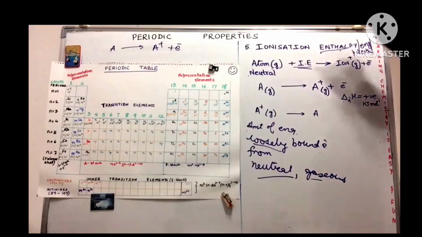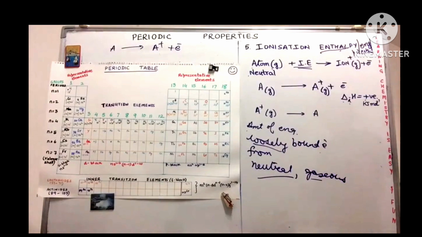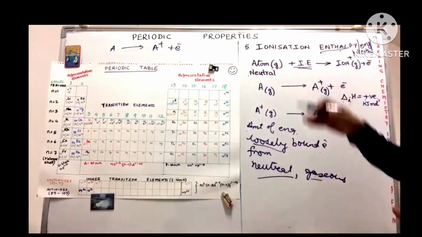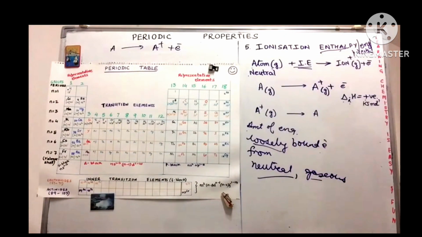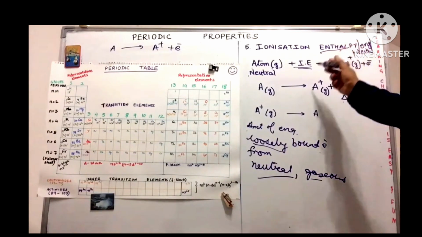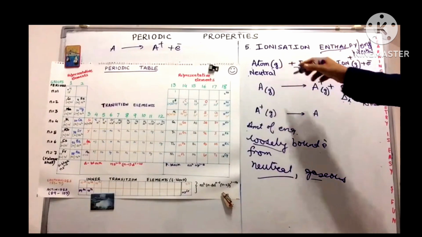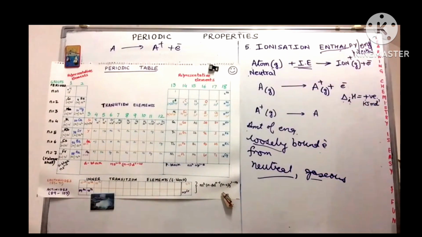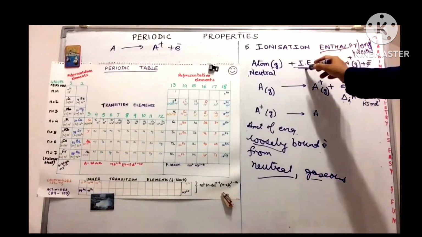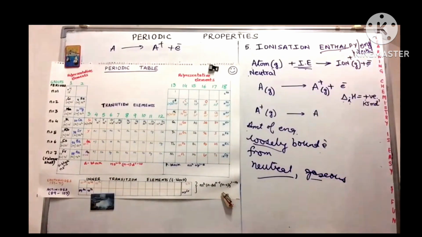Because you have to give it energy. Energy has to be given to that atom in order to extract an electron out of it. So anything that is given to the system is positive, taken out is negative. Because you are removing an electron by giving energy, that's why it's a positive value.